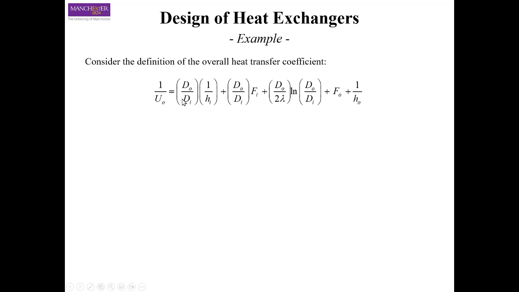And we know this long equation that we derived in lecture 7, where we are looking at the contribution to the convective heat resistance, fouling resistance inside the tube, conductive resistance of the tube, fouling resistance at outside the tube, and then the convective resistance outside the tube.